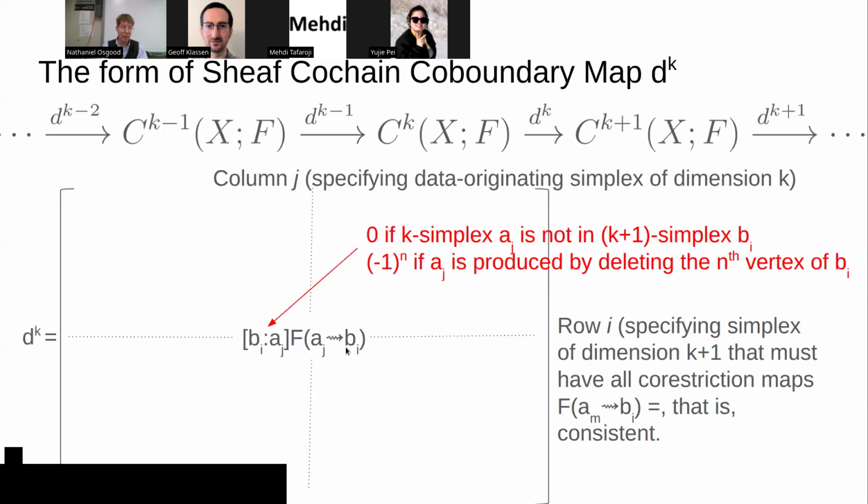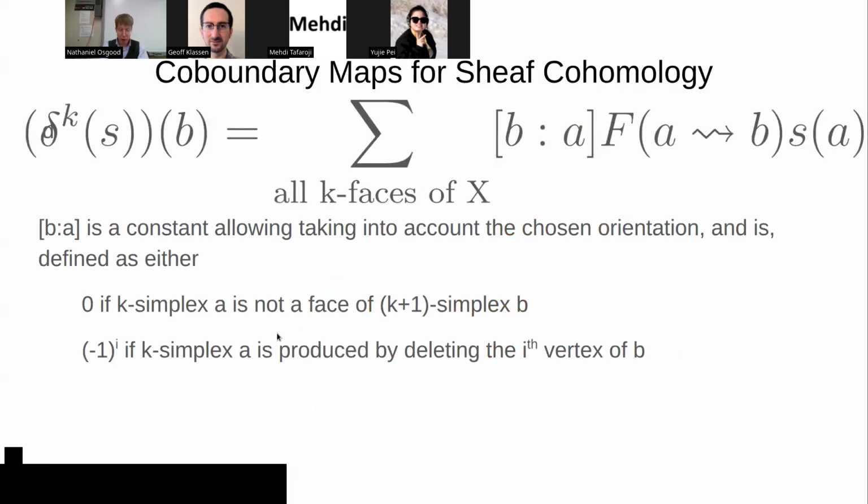Let's put it this way: if we have a (k+1)-simplex B sub I and a k-simplex A sub J, then the ith row, jth column entry will give a 0 if A sub J is not in B sub I, or it'll give a +1 or -1.